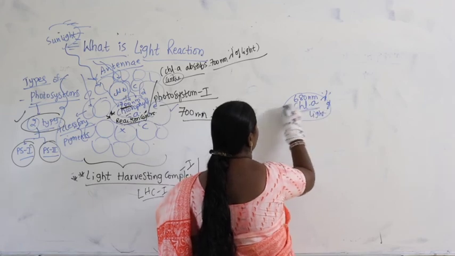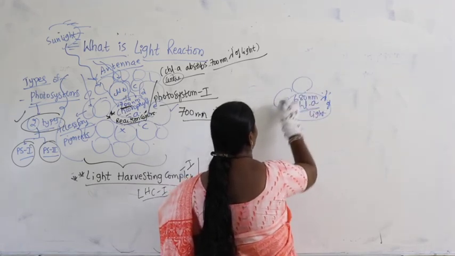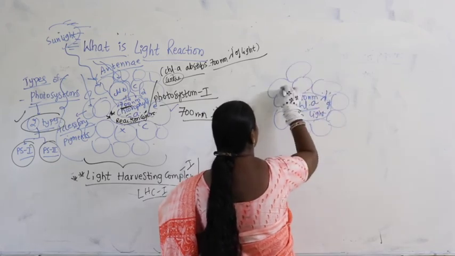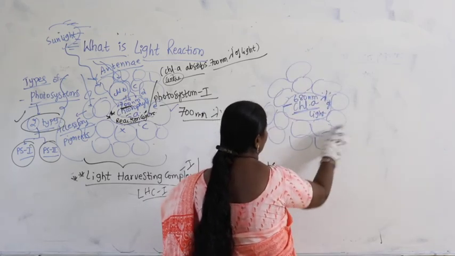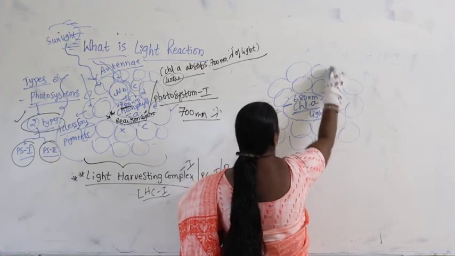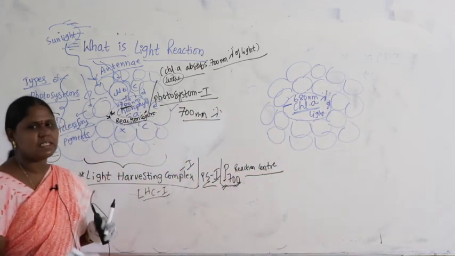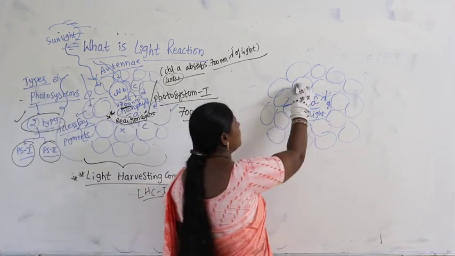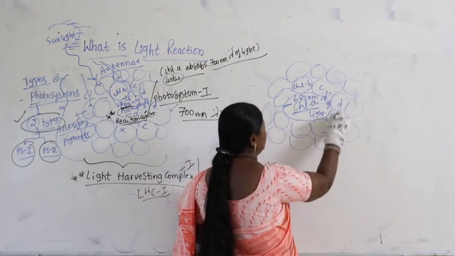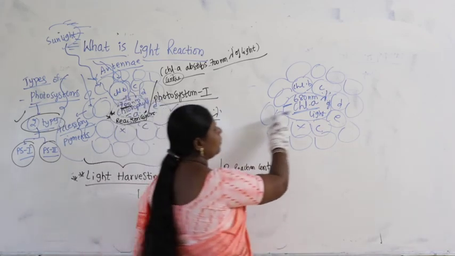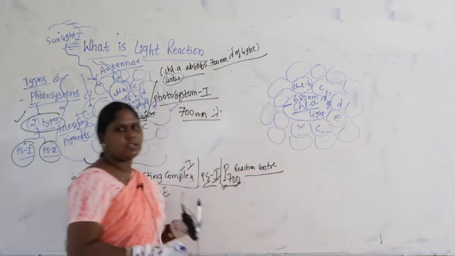Surrounding it there are many pigments which are called accessory pigments. What are accessory pigments? Chlorophyll B, C, D, E, carotene, xanthophylls. And these accessory pigments protect the chlorophyll A from photooxidation.